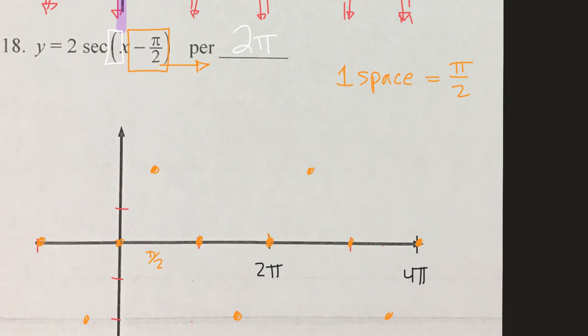Okay, just like with cosecant, everywhere cosine is 0, we put a vertical asymptote. So all the zeros, everywhere the cosine crosses the x-axis, we put a vertical asymptote.